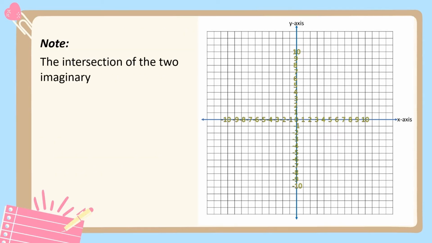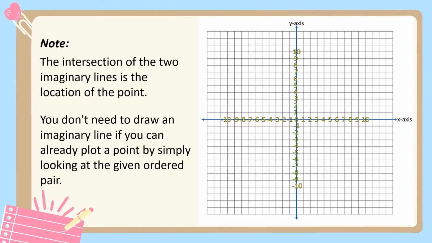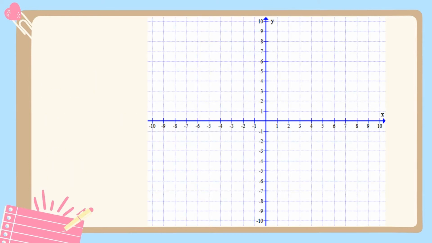Take note that the intersection of the two imaginary lines is the location of the point. You don't need to draw an imaginary line if you can already plot a point by simply looking at the given ordered pair. Now let's try to locate and plot the following points on the Cartesian plane.